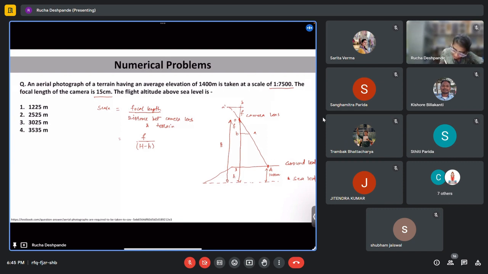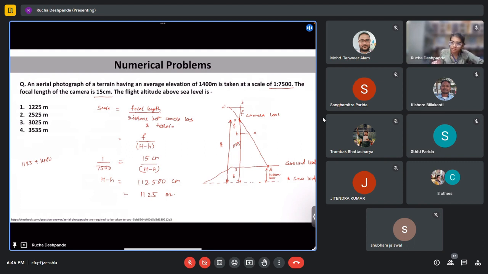So here we have a scale as 1 is to 7500, focal length is 15 centimeter. So H minus h would be 1125 meter. So this much distance is 1125 meter, and this is 1400 meter. So total height of the aircraft above the sea level, it would be 1125 plus 1400.